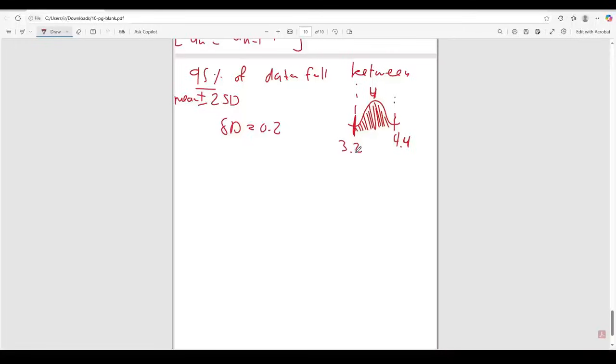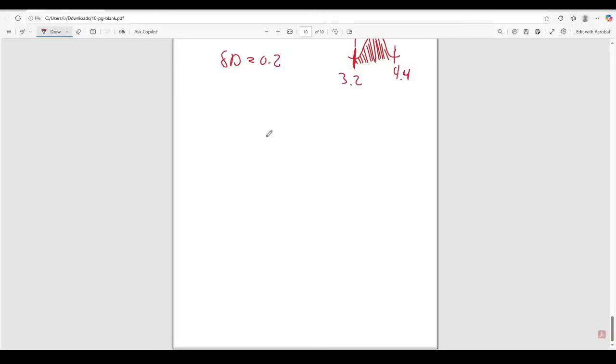The other type of statistical problem that they'll give you is they'll want you to use the normal CDF function on your calculator. So they'll give you a situation where someone at a company knows that on average, they sell coffee bags, right? And each bag of coffee weighs 4 pounds on average. That's the mean.